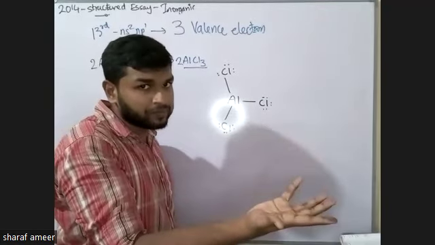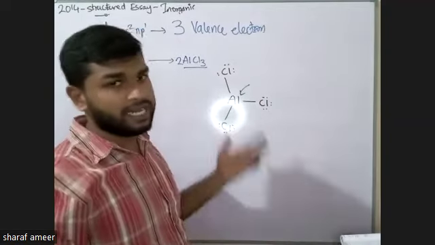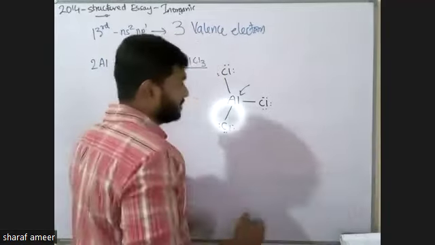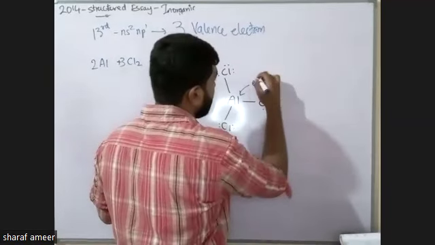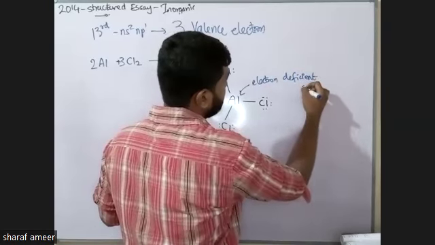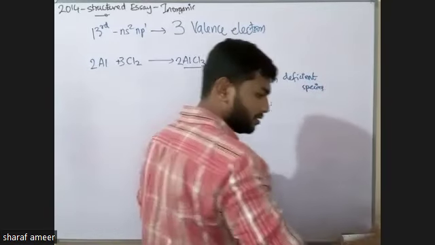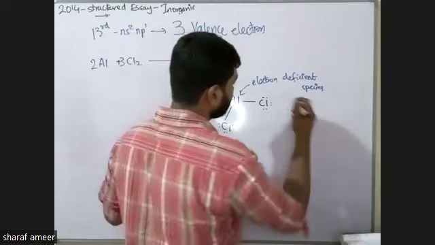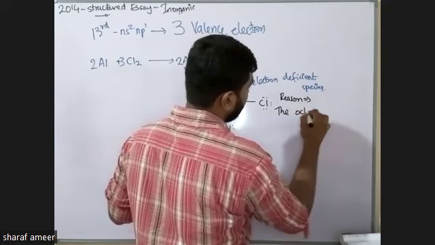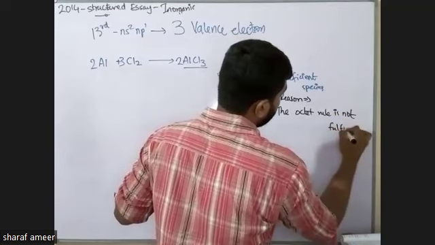It is unstable. Most of the group 13 elements, aluminium, gallium, indium, thallium, are electron deficient species. We call these compounds electron deficient species because the octet rule is not fulfilled.